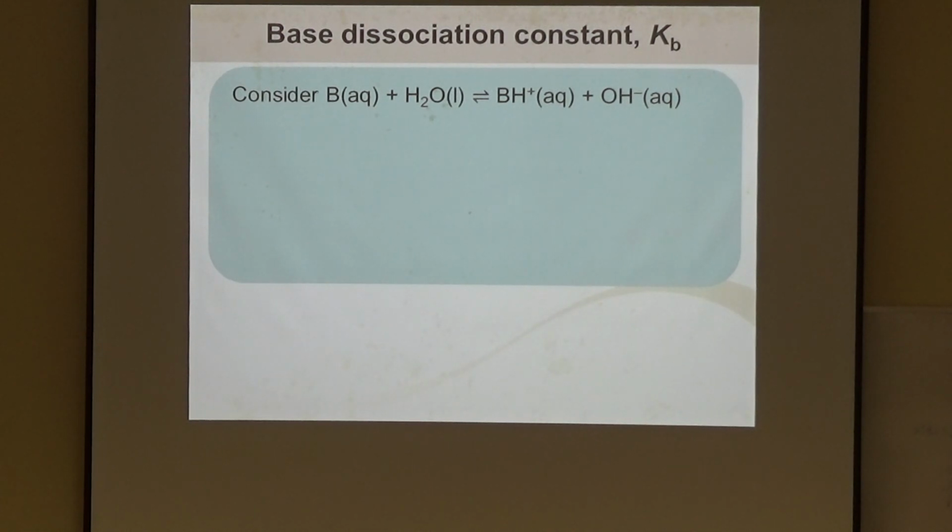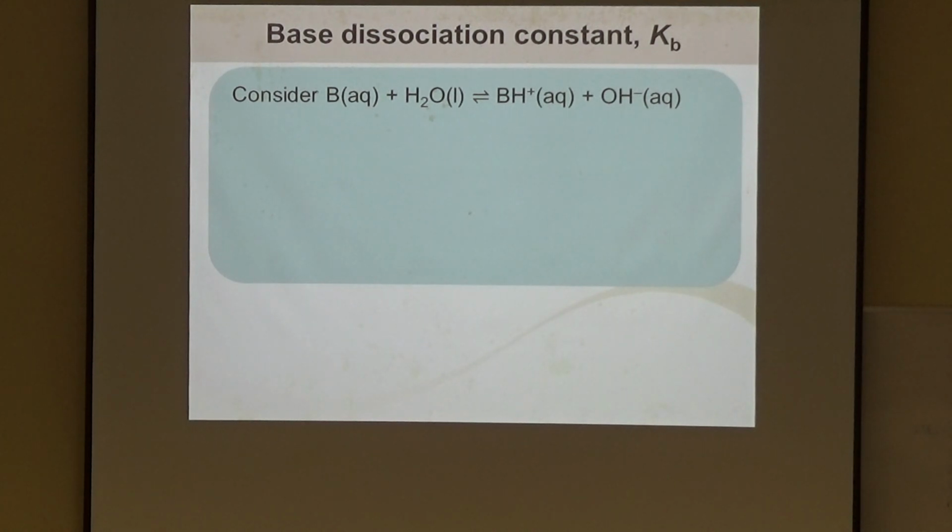So a base is a proton acceptor. So you have this D here that will accept an H plus and form DH plus, and in accepting that from the water, it results in the formation of OH minus. So this is the equation that you need to write for the equilibrium.